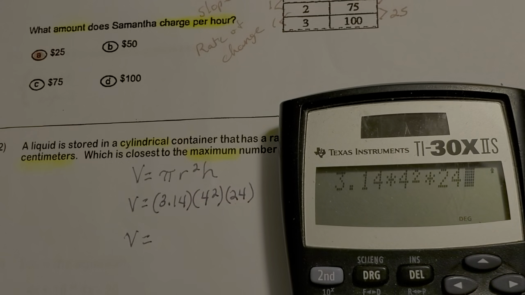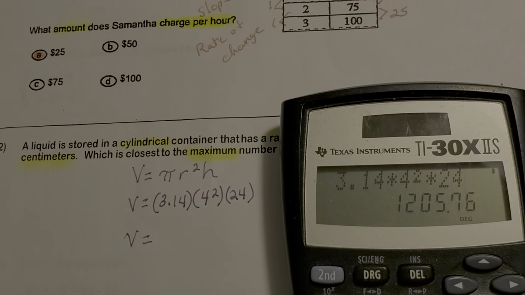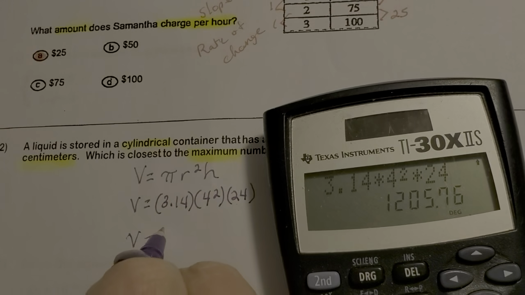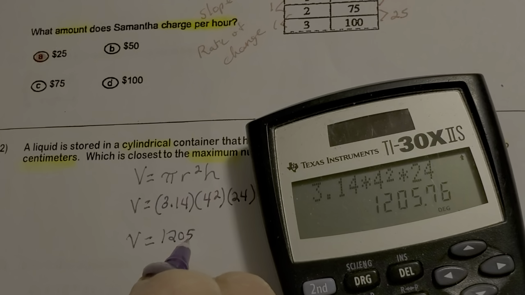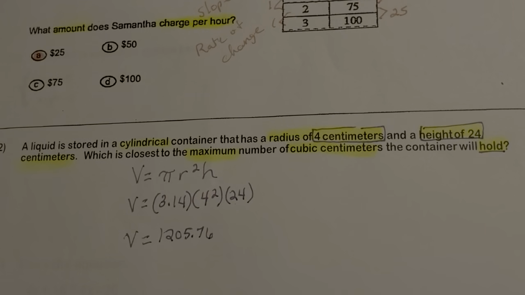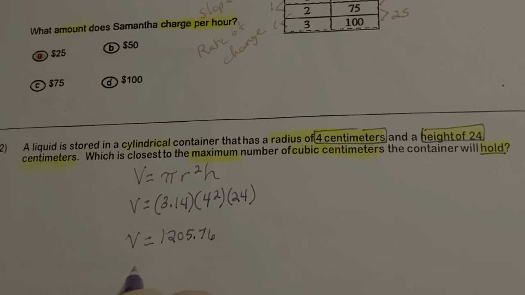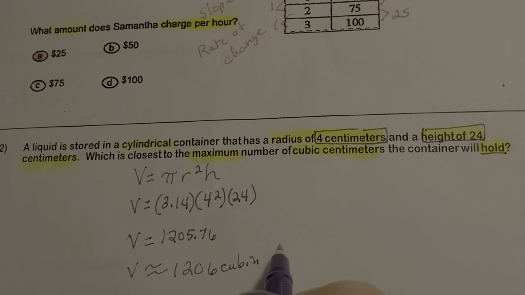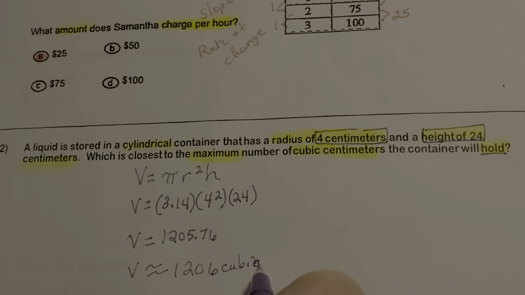We type that into the calculator, and we get 1,205 and 76/100ths. But it says to the closest maximum number. So if we round this, the volume would be approximately 1,206 cubic inches, or centimeters, excuse me.